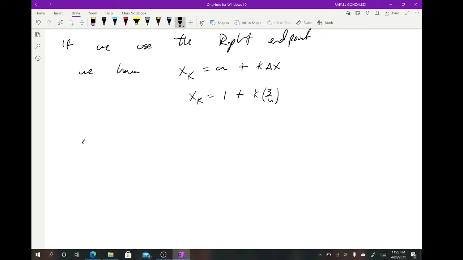So what we have is that the definite integral from -2 to 1 of 2x dx by definition is equal to the limit, as the norm of delta x goes to 0, of the sum from k equals 1 to n, just to be consistent, of f of xk times delta x. That's what we have.